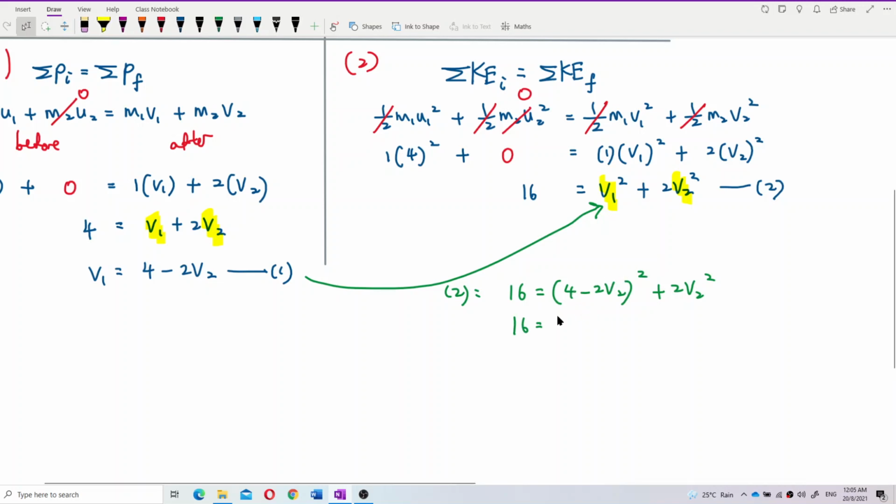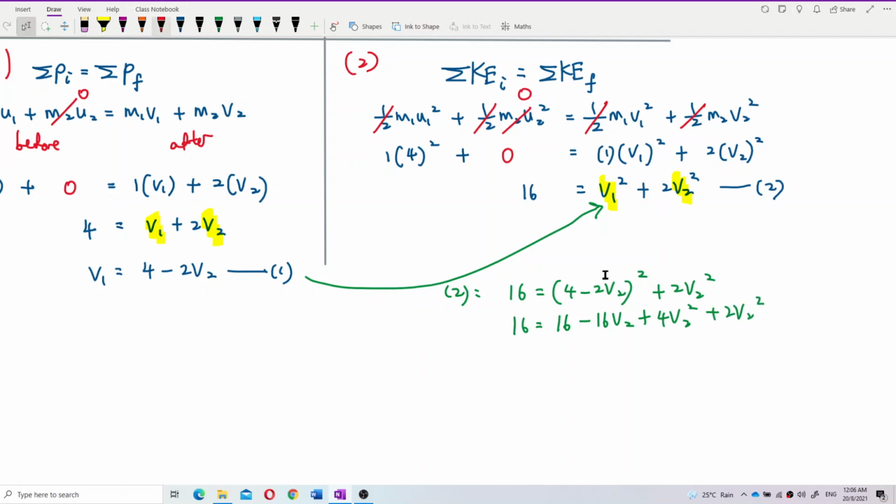This becomes 16, and negative 2 times 4 is 8, 8 times 2 is 16, so negative 16 V2, and then negative 2V2 times negative 2V2 gives a positive 4 V2 square. That's how we expand. And then plus 2 V2 square.